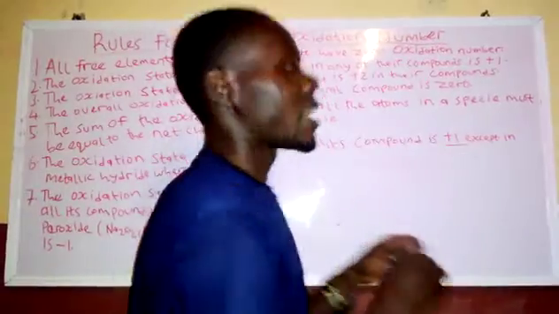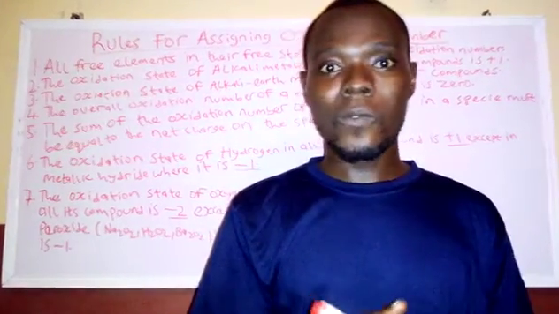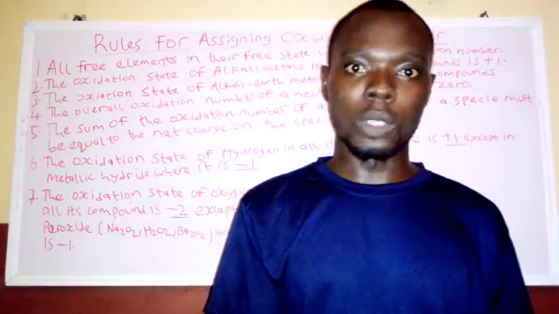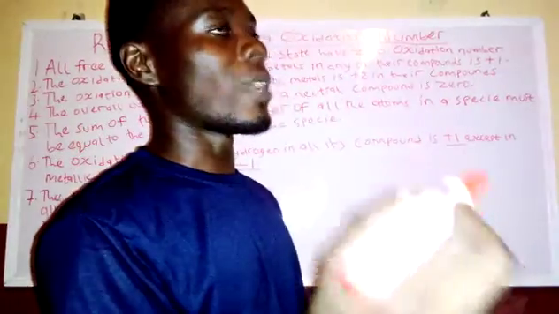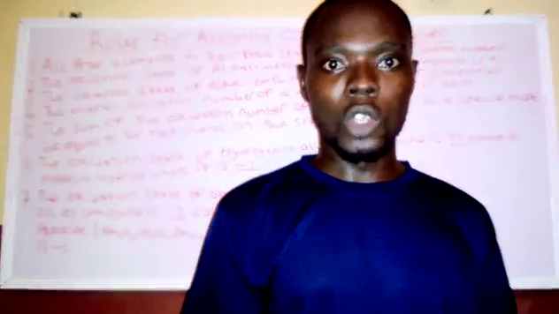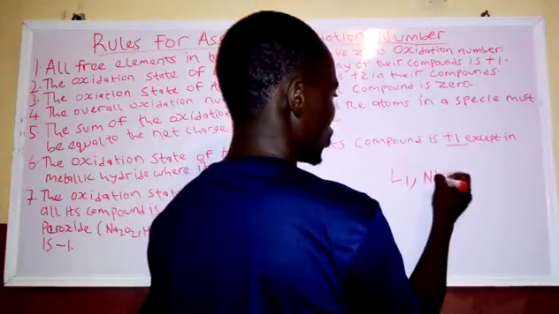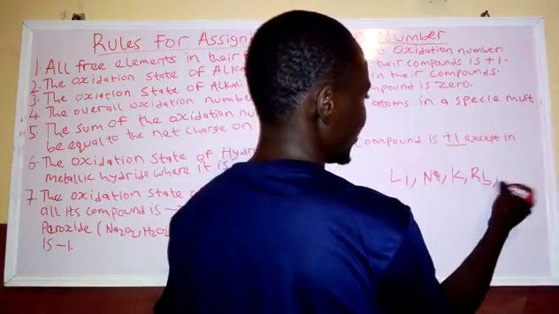Another one to note is that the oxidation number of alkali metals in any of their compounds is +1. When you're talking of alkali metals, we have lithium, sodium, potassium, rubidium, cesium.